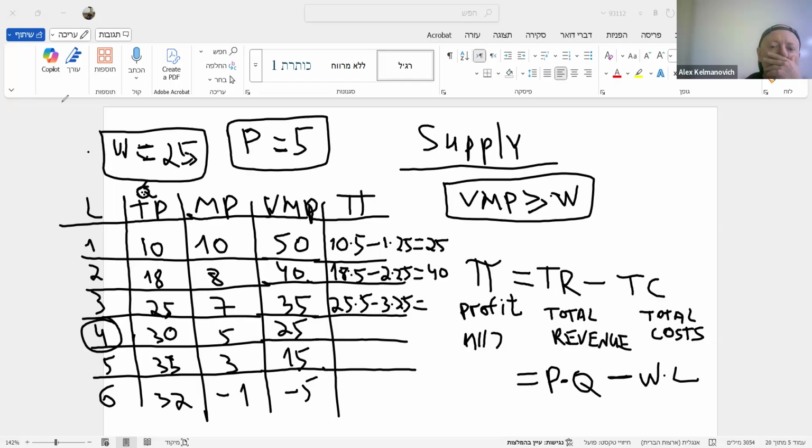So I get 50 shekels, right? If I take 4 labors, I have 30 donuts times 5 minus 4 labors times 25, and I get again 50 shekels.